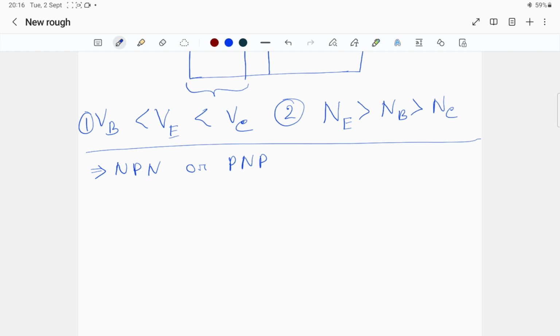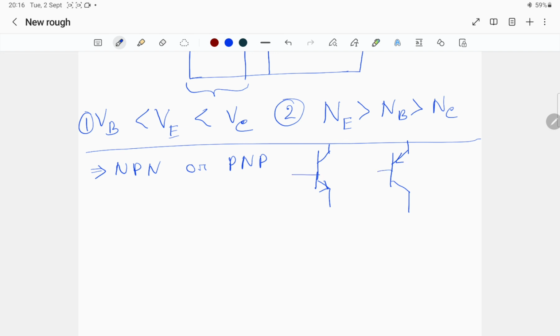And another thing I must add here, we know the symbol of a BJT is like this. Now there are two types of BJT, so we must be able to distinguish them both. One is this, another is this.